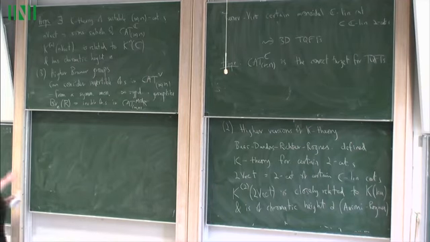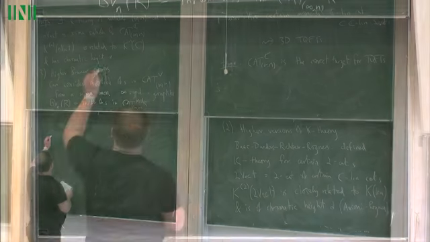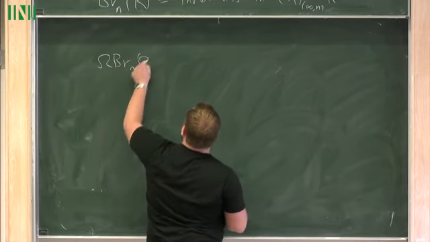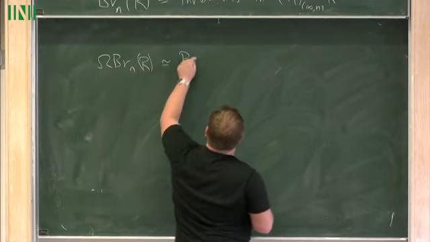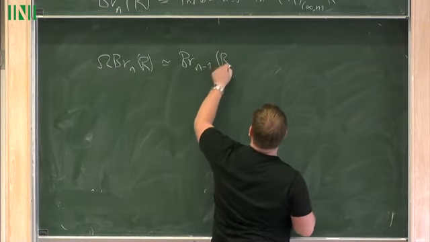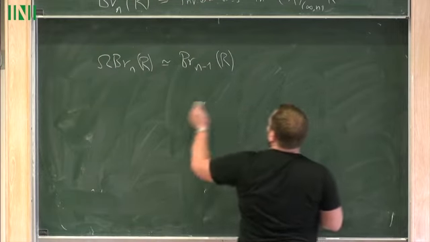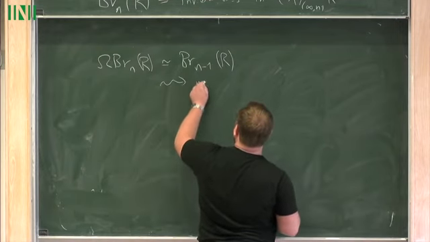And then this delooping statement that I just erased tells you that if I take the loop space of the nth Brauer space of R, I get the n minus first Brauer space, which means that these assemble into a non-connective spectrum.